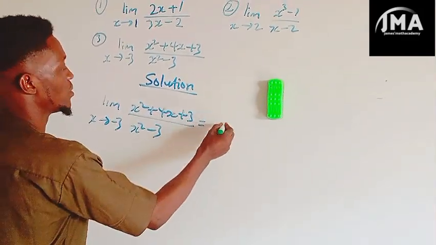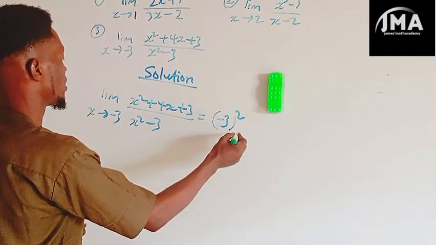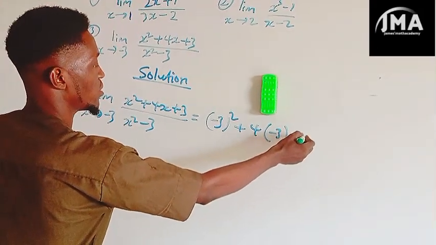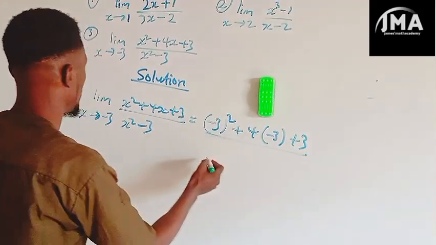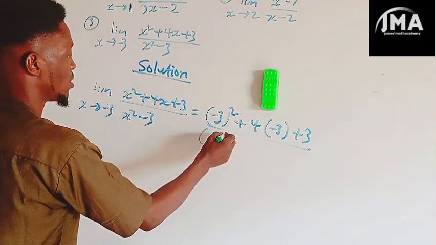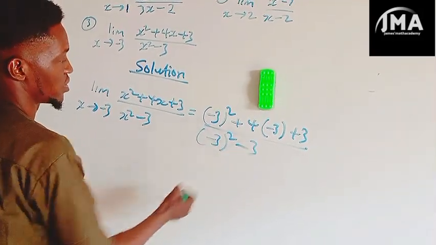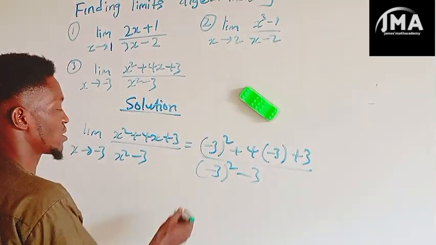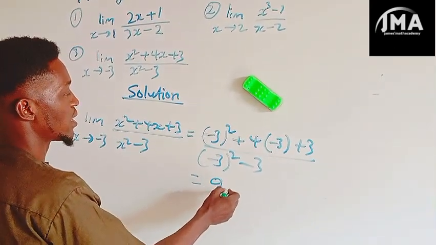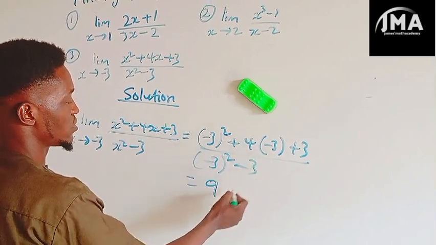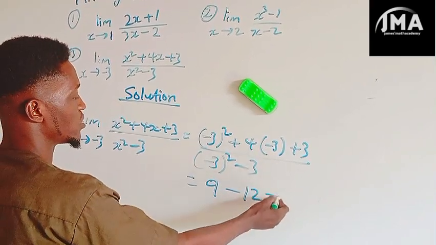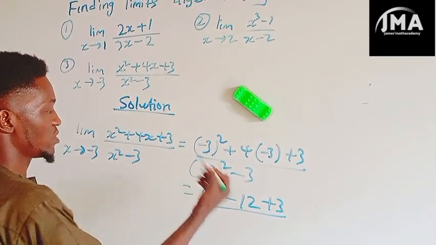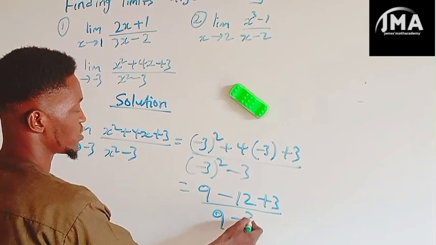So it's going to be (minus 3) squared plus 4(minus 3) plus 3, everything over (minus 3) squared minus 3. Minus 3 raised to power 2 means minus 3 times minus 3, which is 9. Plus 4 times minus 3 is minus 12. This plus 3, everything over minus 3 times minus 3, which is 9, minus 3.